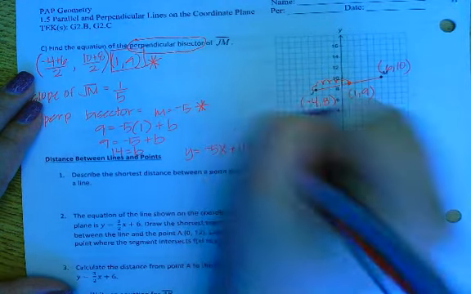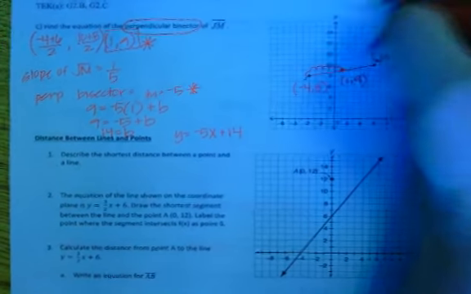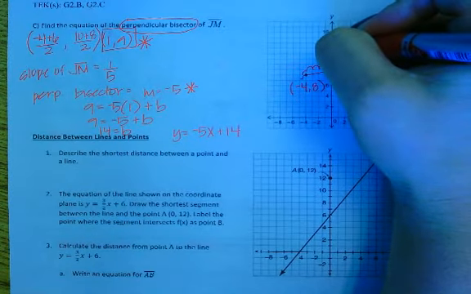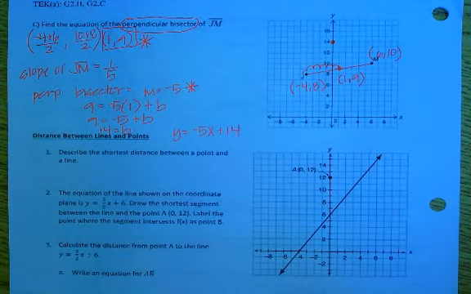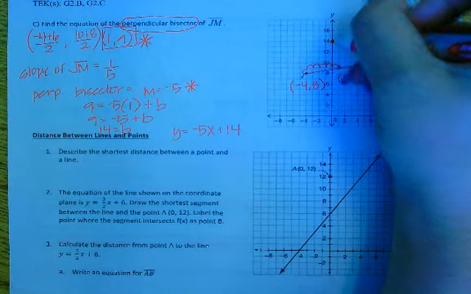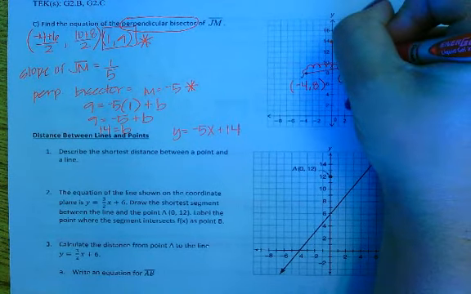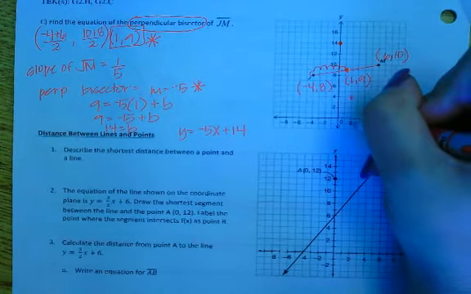Very good. Graph it. So where's your y-intercept? 14. And what's my slope? -5. So what direction does that go? Down 5 and over 1.